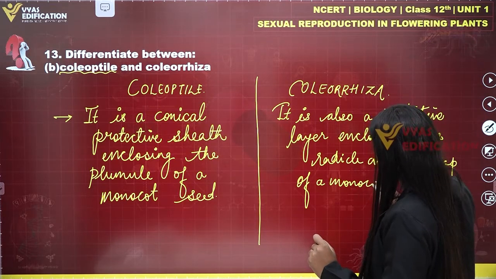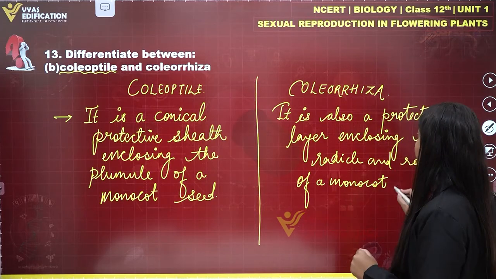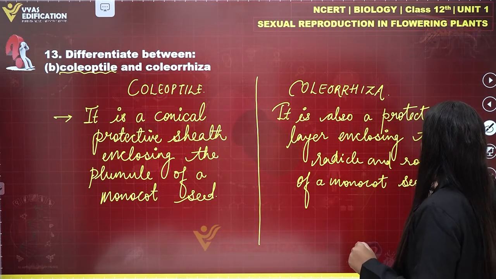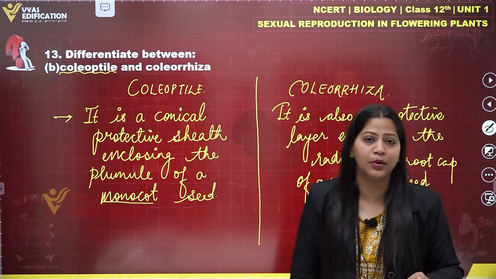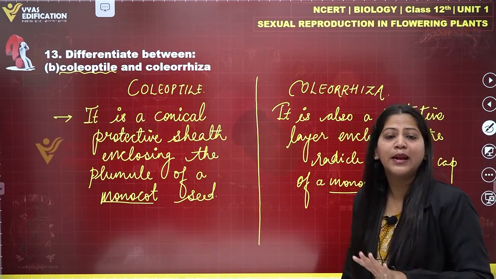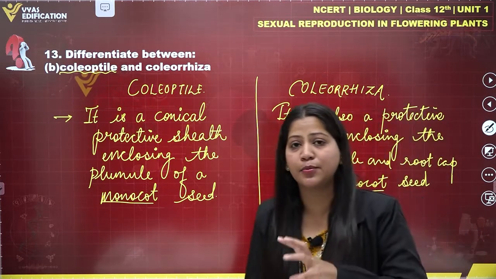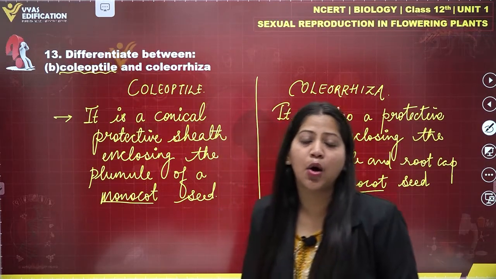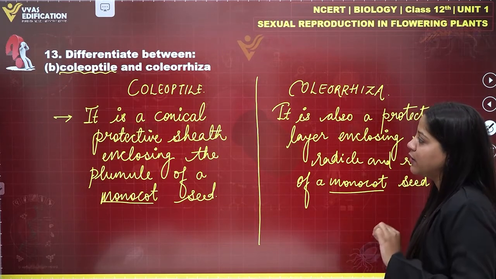Why monocot seed? This is present only in monocot seed. This is not present in dicot seed. Coleorrhiza and coleoptile are the parts of monocot seed. They are not present as protective layers in dicot seed. So this is the basic difference between coleoptile and coleorrhiza.